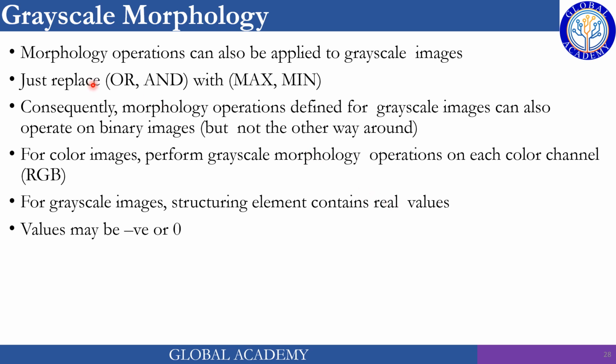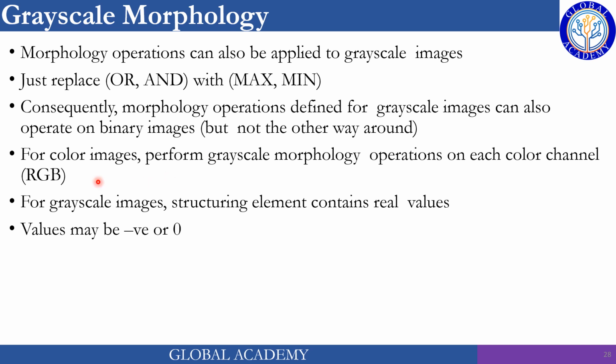So the first change is replace AND and OR operations with max and min operations, and similarly union and intersection with addition and subtraction. So we can perform grayscale morphology on binary images, but converse is not true in general.